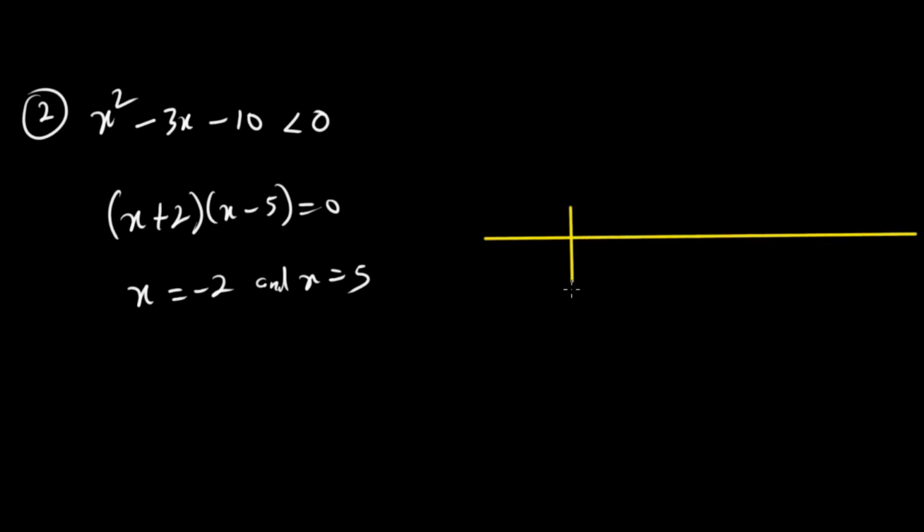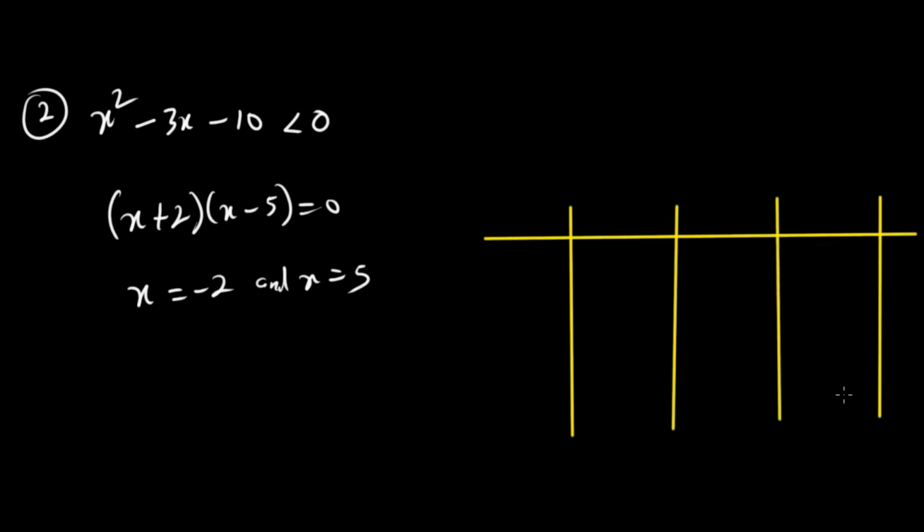Again, we have 4 columns. So we have all our factors here. The first factor is x plus 2, so we bring it here, and here also x minus 5. And then we have our y, which is simply the product of the two factors, x plus 2 and x minus 5.